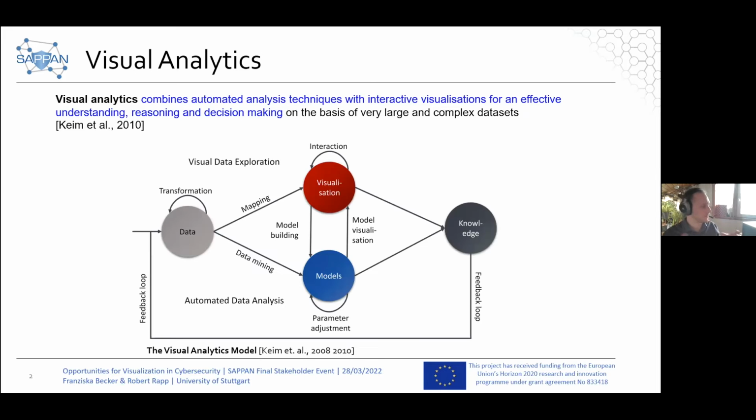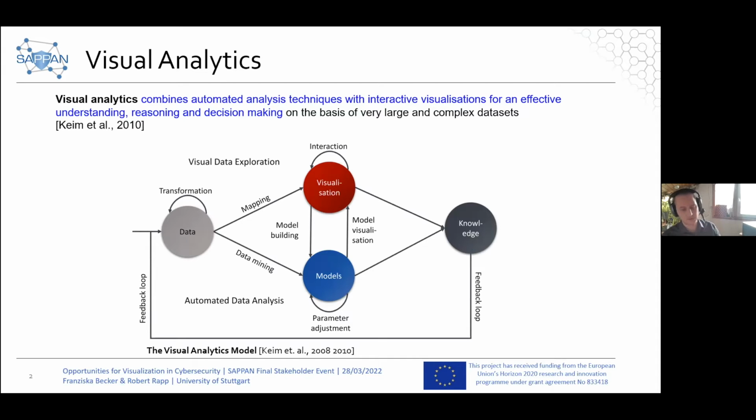From this, the most important parts are, on the one hand, the automated analysis techniques, and on the other hand, the interactive visualizations, and they work together in an iterative feedback loop, so that we're trying to improve our whole visual analytics approach by starting with the data.